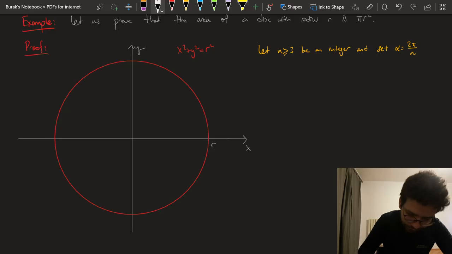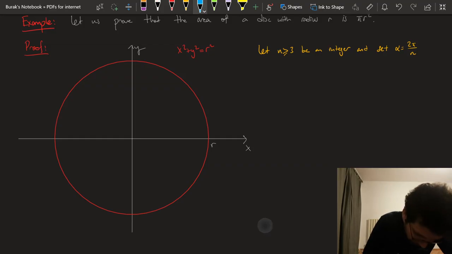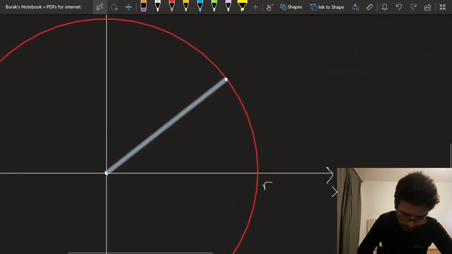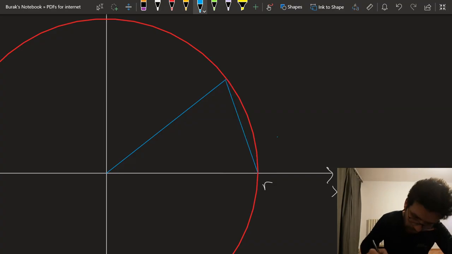I am going to create a triangle here, where this angle is alpha. Okay, so this angle is alpha.